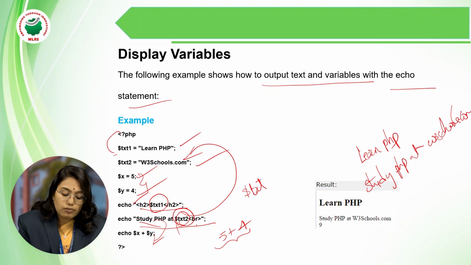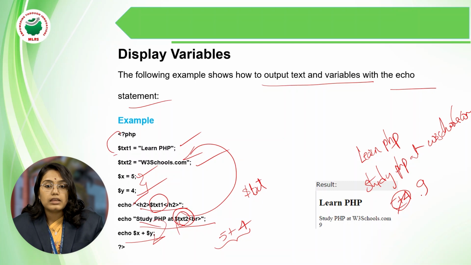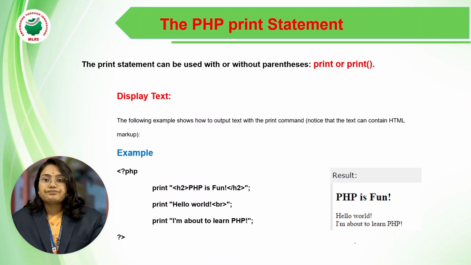Yes. After that, what statement it has? Echo $x plus $y, that is 5 plus 4, that is 9. Clear? Got the same result? Next. Now clear with the echo statement.